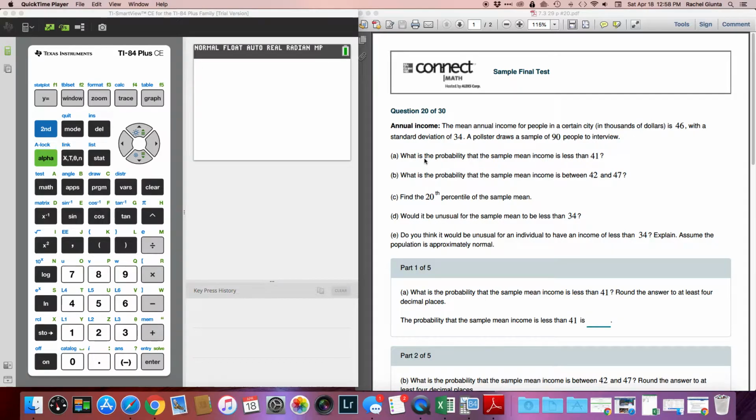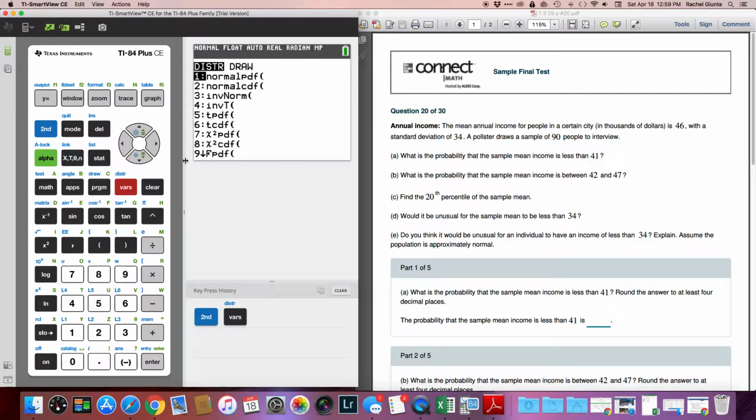So first question, what's the probability that the sample mean income is less than 41? So just like in question 19, if it's saying what is the probability, we're going to use Second Var's normal CDF. And it says less than 41.